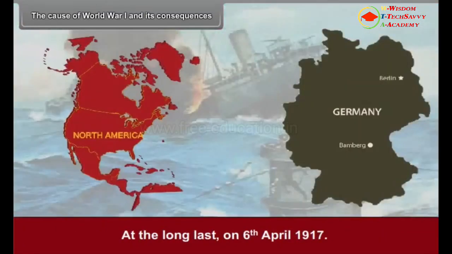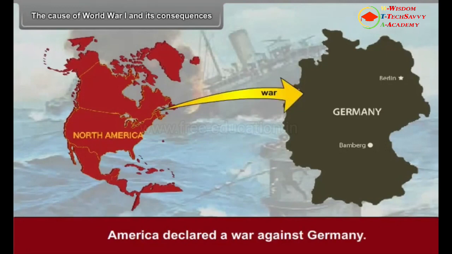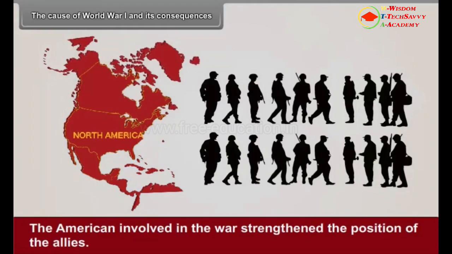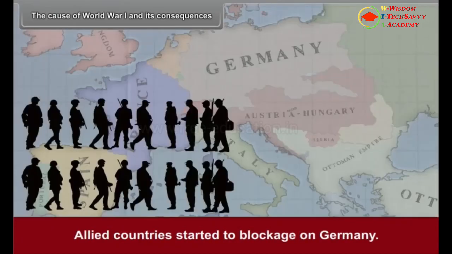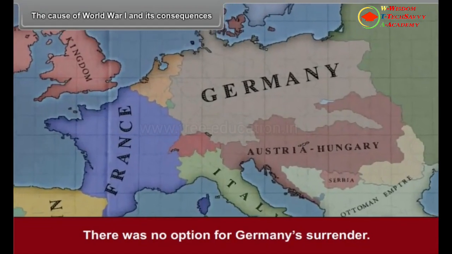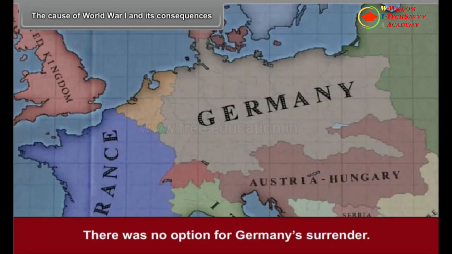At long last, on 6th April 1917, America declared war against Germany. The American involvement in the war strengthened the position of the Allies. This was the turning point in the war. Allied countries started to blockade Germany. There was no option for Germany but surrender.